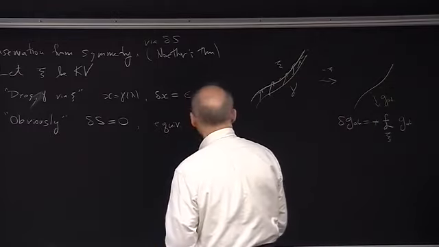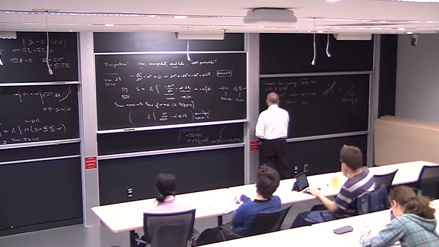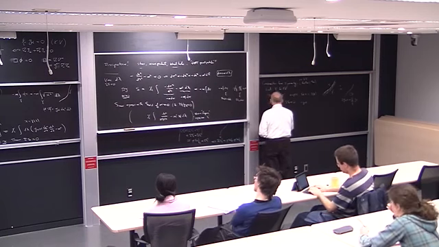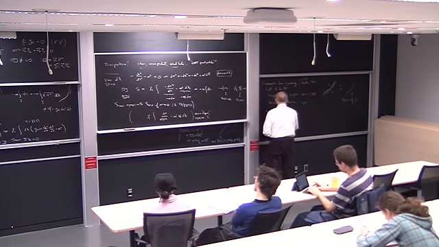So maybe I should write that in words. It's obvious because varying gamma without varying the metric is equivalent to varying the metric without gamma.